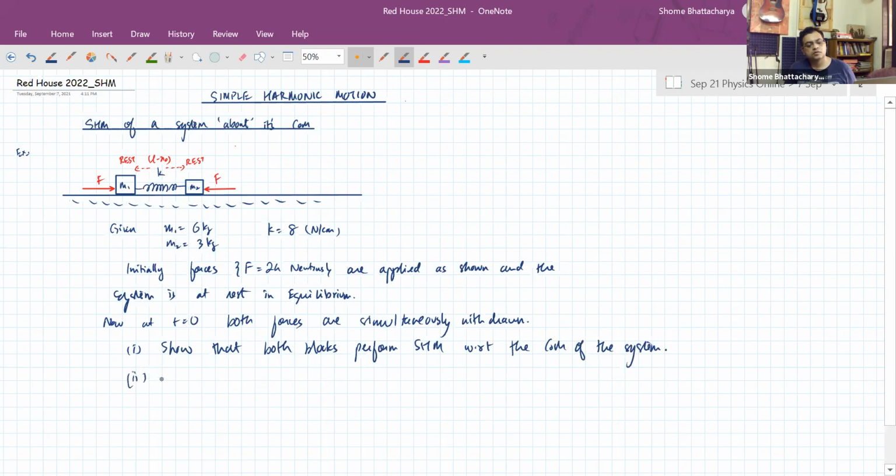Then find the amplitudes and time period of each block's SHM.